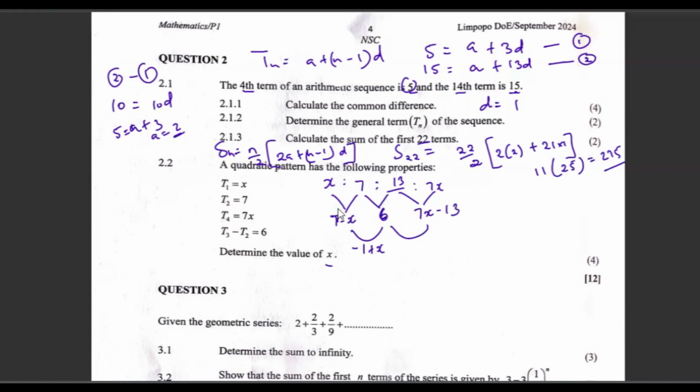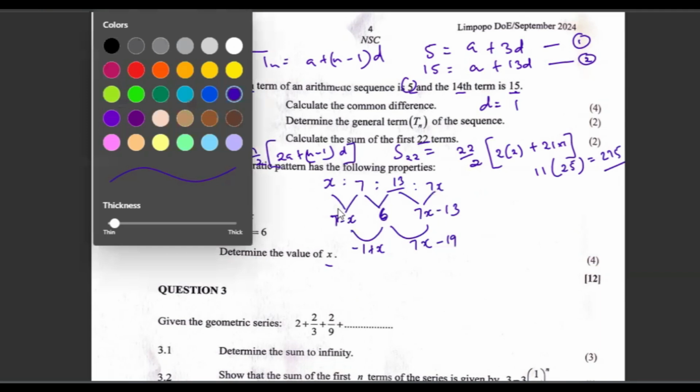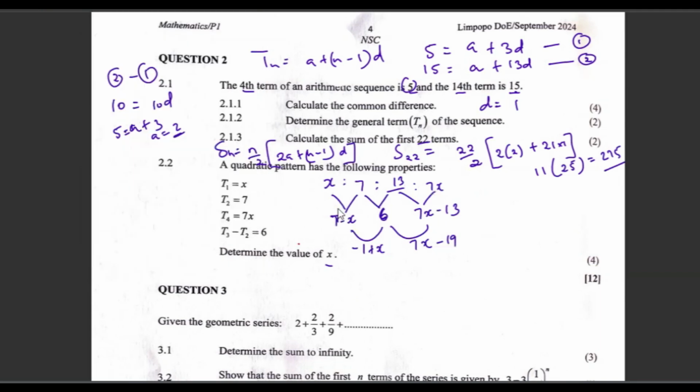It's going to be 7X minus 19. But one thing we know about the quadratic is that the second difference will always be the same, okay? So I'm going to equate these two differences. So that I have X minus 1 is equal to 7X minus 19.